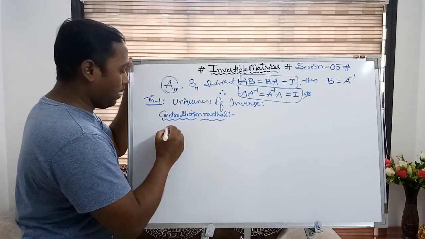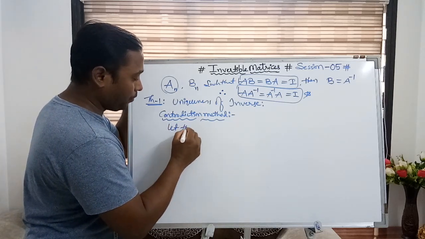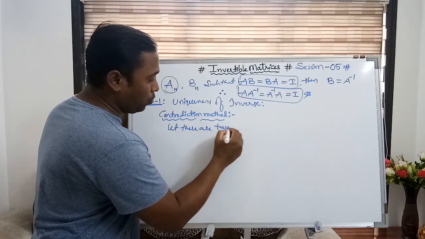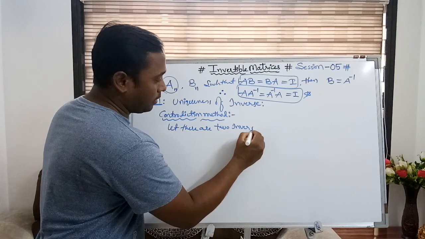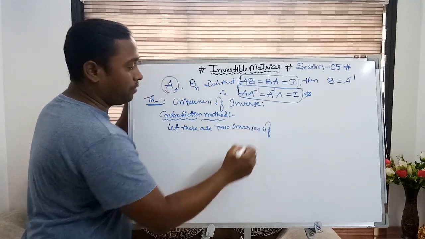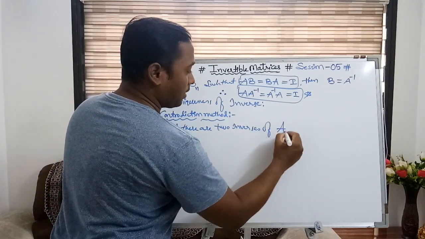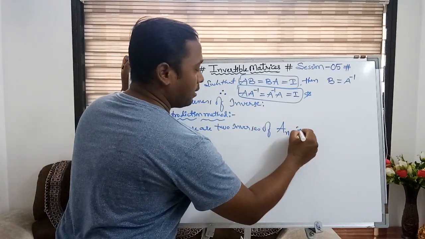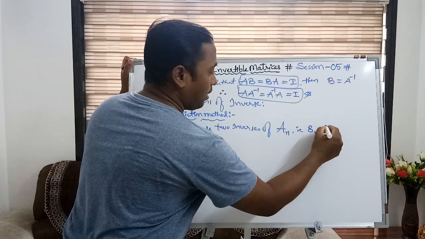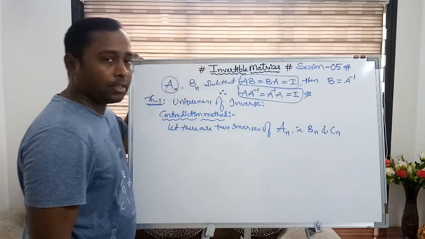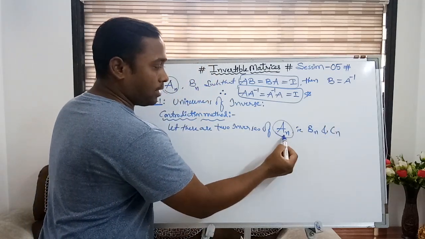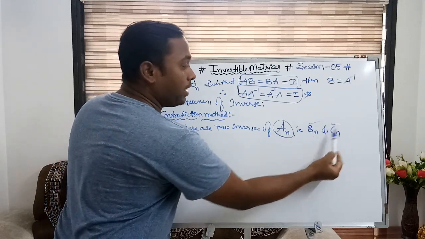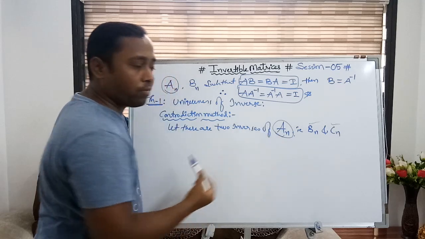In the same manner, I am assuming that there are two inverses of a square matrix A of order n, that is, B_n and C_n. The given matrix is A_n. We assumed that there exist two different inverses of the given square matrix.